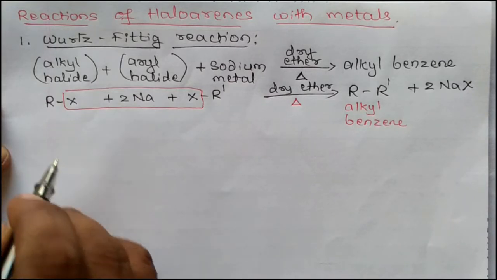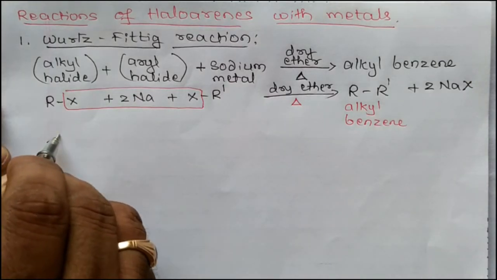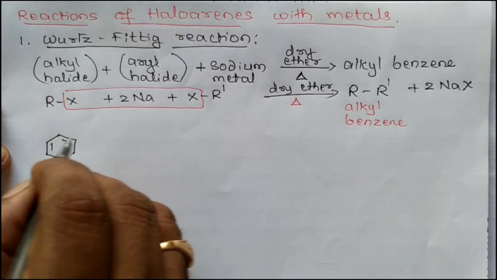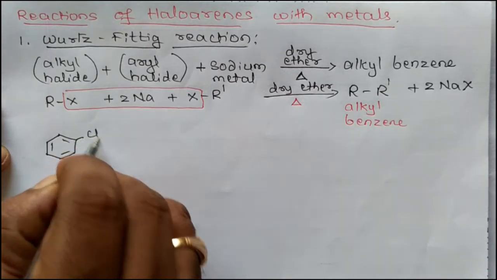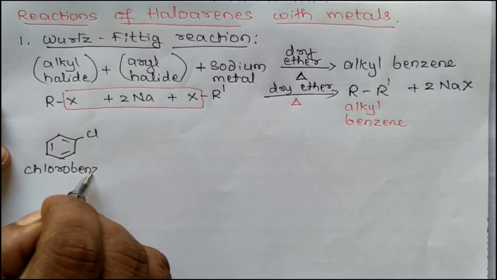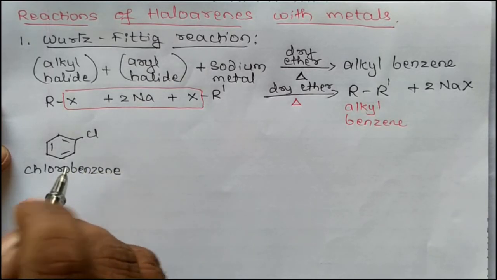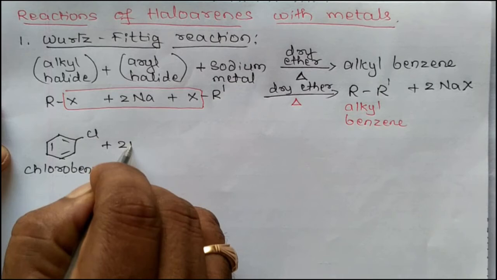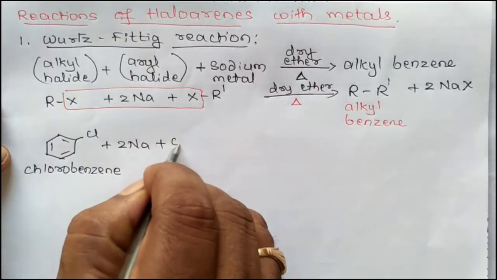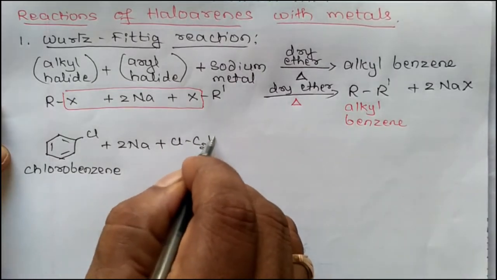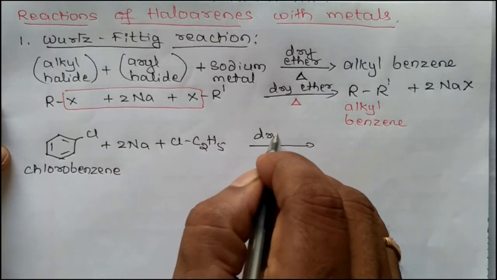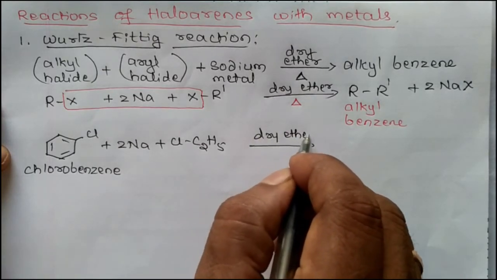As an example, we will take chlorobenzene heated with C2H5Cl in the presence of sodium metal. Here you have to use dry ether, don't forget this.